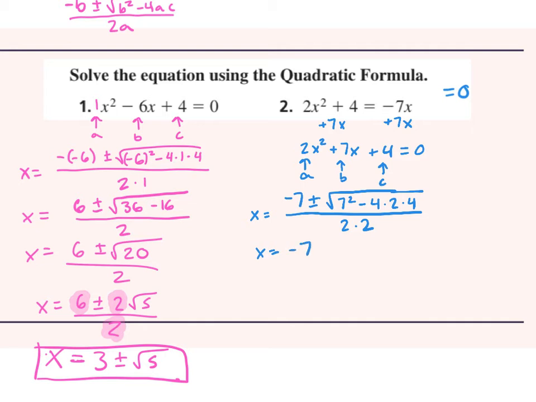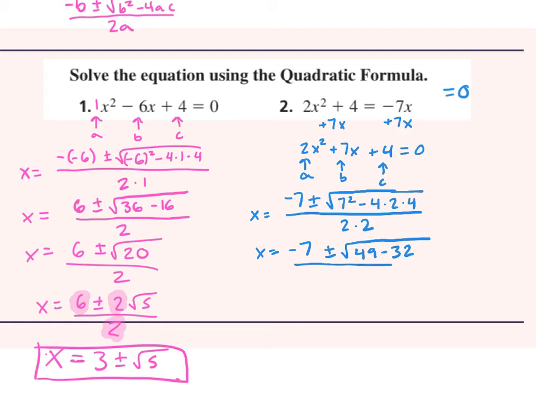So negative 7 plus or minus the square root of 7 squared, which is 49, minus 4 times 2 times 4. 4 times 4 would be 16, and 16 times 2 is 32.